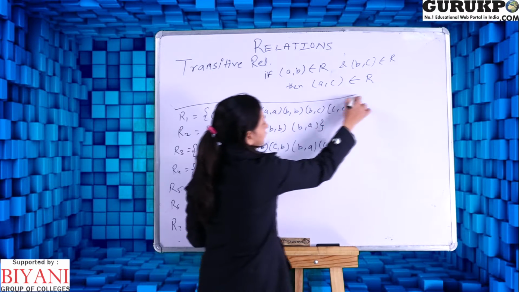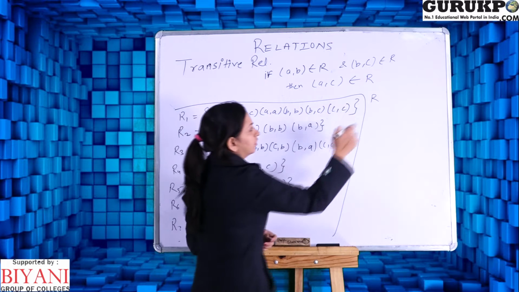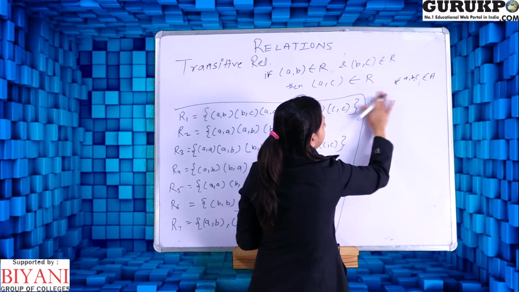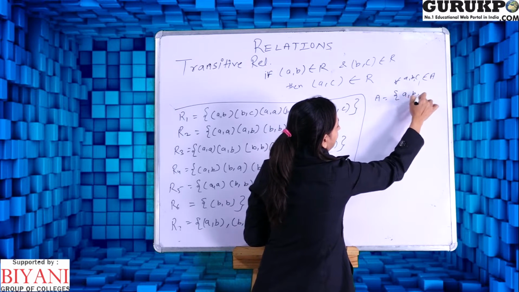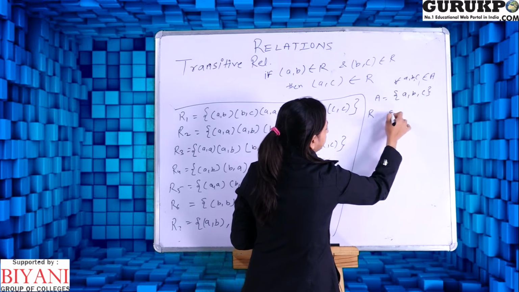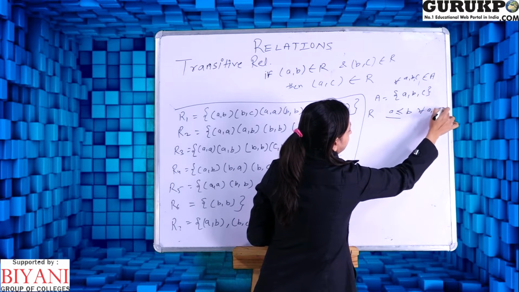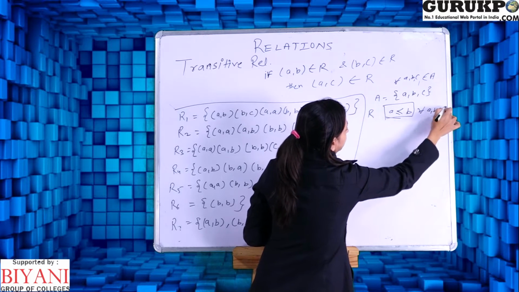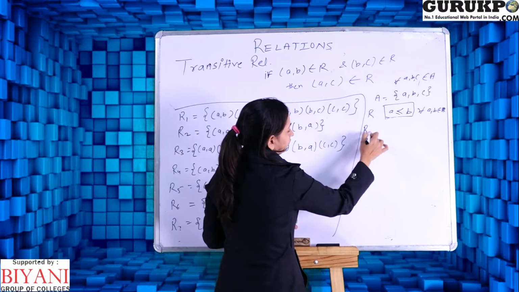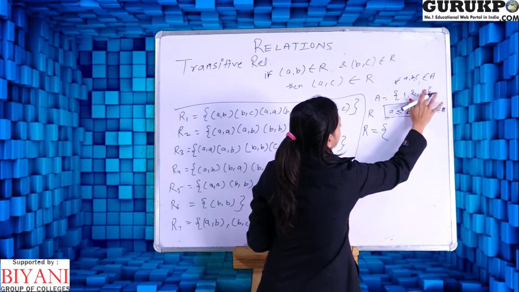Okay, let's take an example of transitive relation itself. I am giving you a relation R described on a set, for all A, B, C belonging to capital A. So there is a set A in which there are three elements, and I am giving you a relation R such that A is less than or equal to B. This is the condition for all (A, B) belonging to R. So if I try to make the relationship set, for example, I have a set {1, 2, 3}.